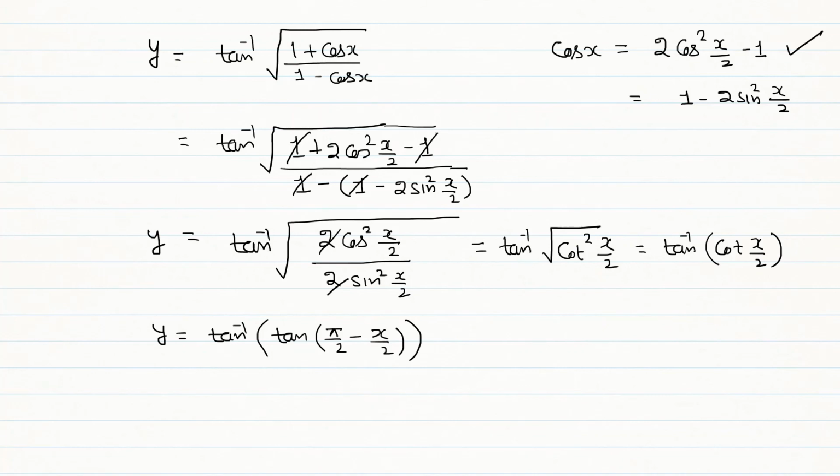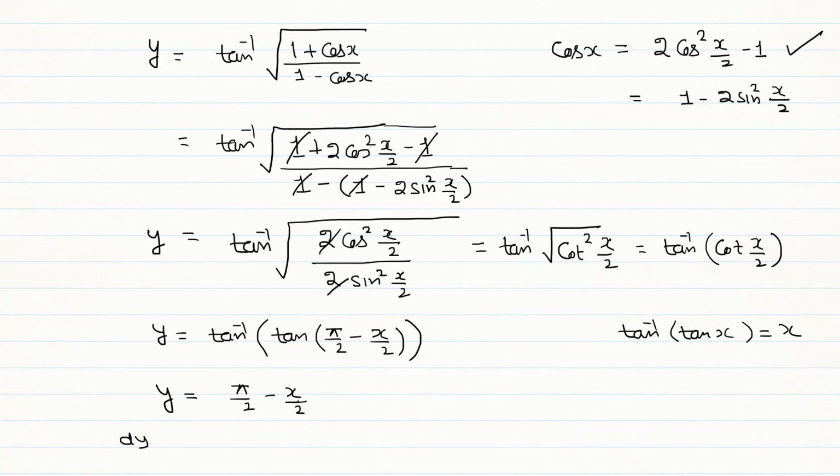So that's how the cot is converted to tan. Why? Because we know the formula now which is applicable is tan inverse of tan x should be equal to x. So based on this formula, I'm getting y is equal to just pi by 2 minus x by 2. Pi by 2 is a constant, and minus x by 2.